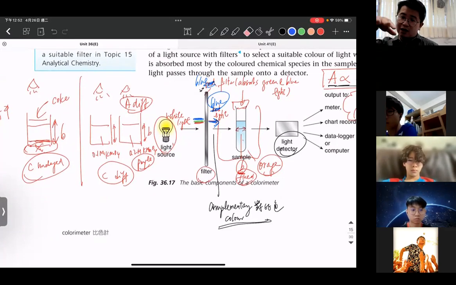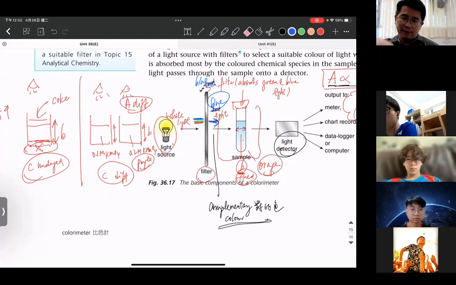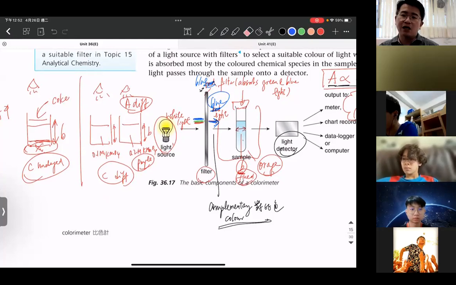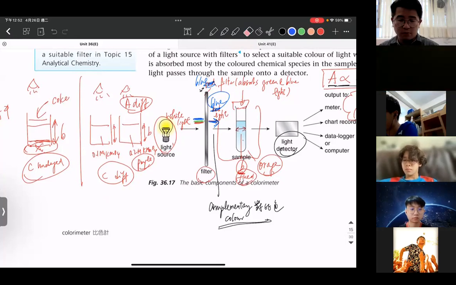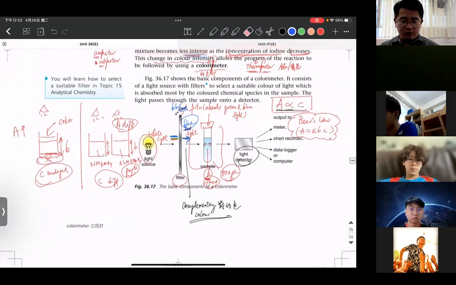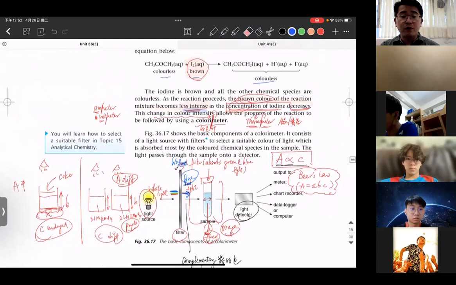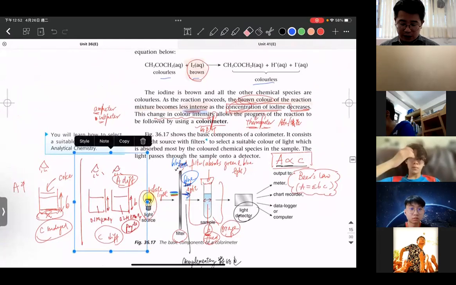Because when white light shines through it, it absorbs all other colors except that color. So we will use this complementary color, which will be absorbed most by the colored solution. You will know it in chapter topic 15 again.